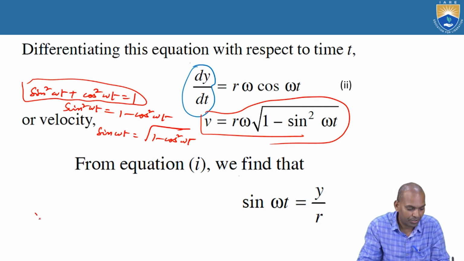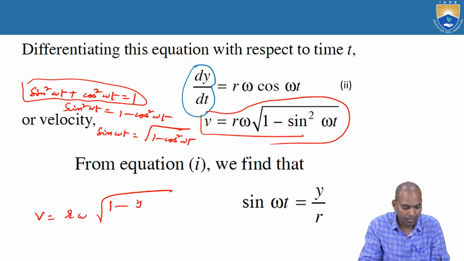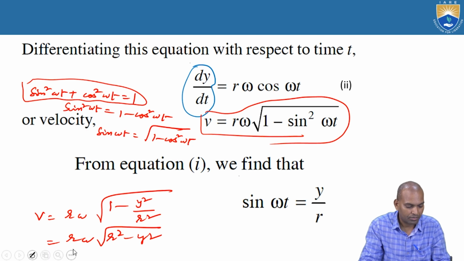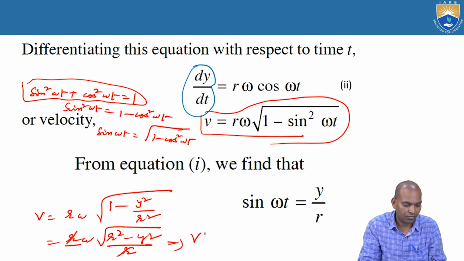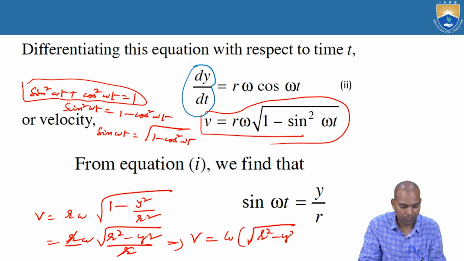And here, v equal to r omega times under square root of 1 minus y square by r square. Further simplification, r omega times under square root of r square minus y square by r. Here r gets cancelled. Then finally the velocity v equal to omega times under square root of r square minus y square.